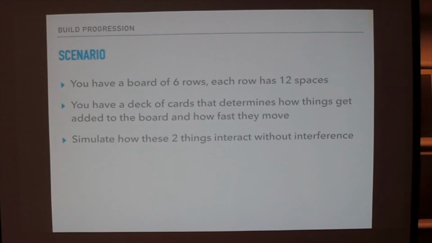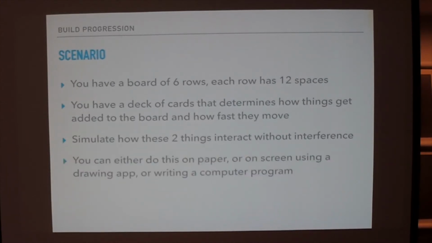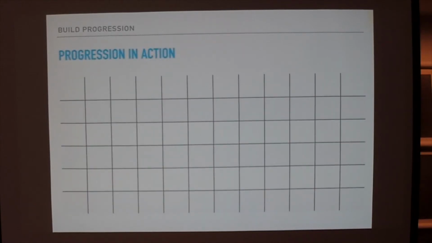Just how do the pieces move along that board given the random distribution of how they might come out. You can do this on paper. You can do this on a computer program. I'll show you one in a second that I did using Illustrator. But you can do this in a spreadsheet. You can do it on a piece of paper. There are a lot of ways to do it. So let's just do one right here on screen quick. So there's the board that I talked about, right?